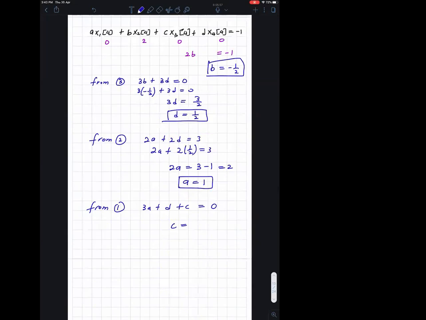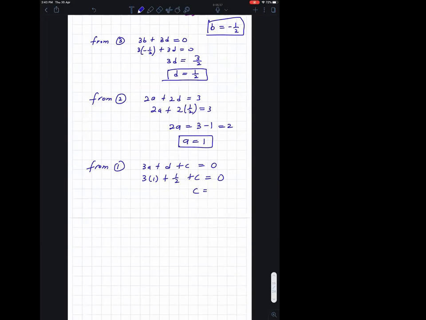So you get C is equal to minus 3A minus D. If you don't like to do that, you can just simply plug it in here. 3A is 1 plus D 1/2 plus C, 3.5. So C is minus 3.5. 3 times 2, 6 minus 7/2.